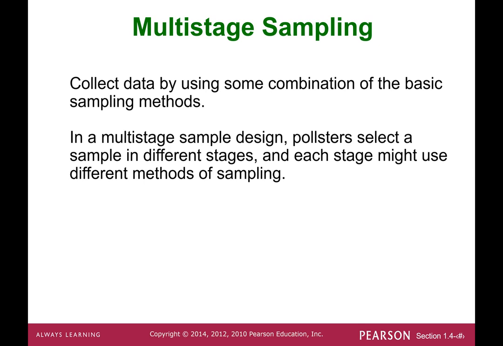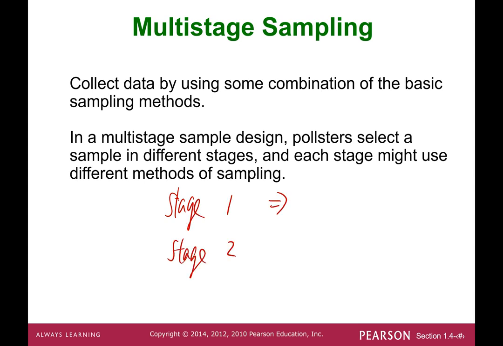And sometimes in a complicated research study, you may collect data in different stages, by combining different sampling methods. So at a certain stage, you probably feel like a certain sampling method is better. So at stage 1, stage 2, you're picking different methods.